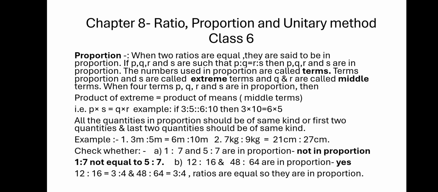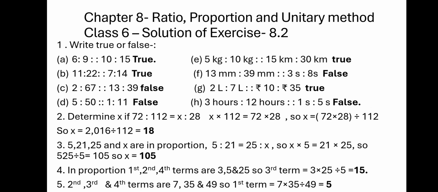Yes, they are in proportion, because 12 upon 16 is 3 is to 4 and 48 is to 64 is also 3 is to 4. This is divisible by 4 and this is divisible by 16. So ratios are equal, so they are in proportion.